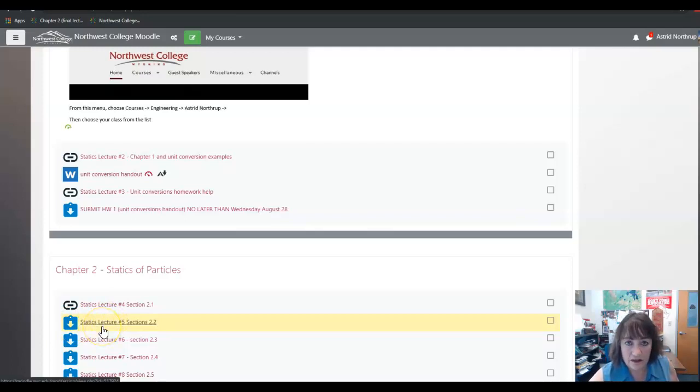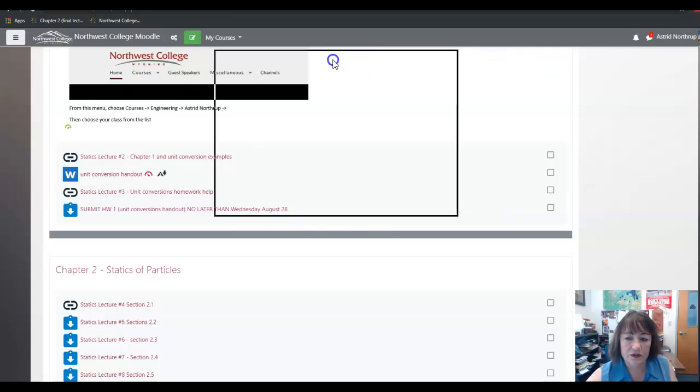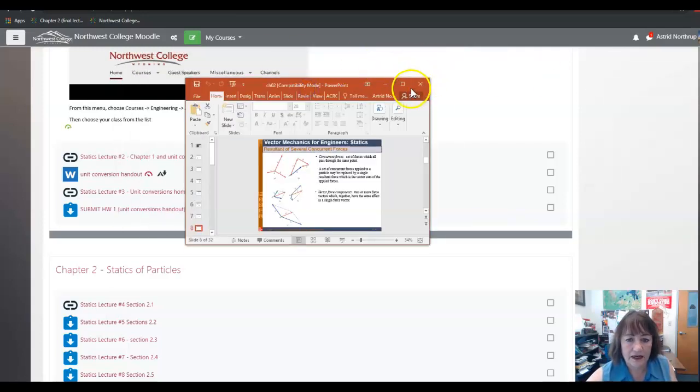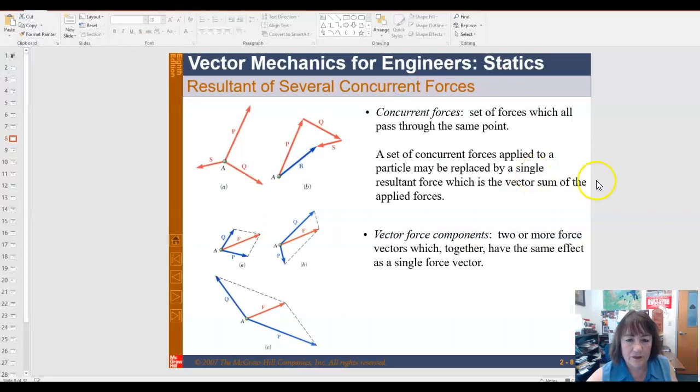So underneath the link for lecture 5, I'll have some notes, and the notes are going to be worked out lecture problems. So it's pretty easy if you'll take the notes and go through the assignment, my vodcast, while you're looking at the notes, then you'll be prepared to do your homework. So having said that, I'm going to go over a couple of PowerPoints that I have for this material.